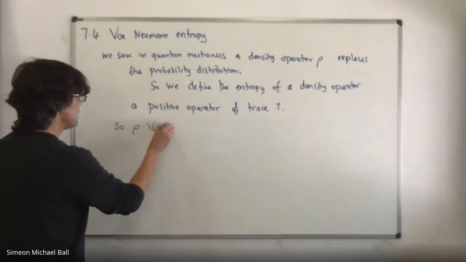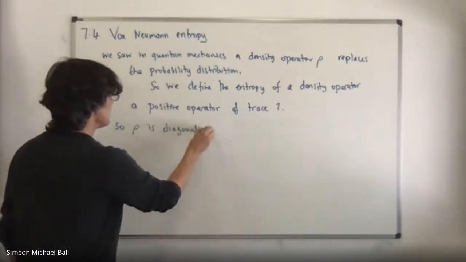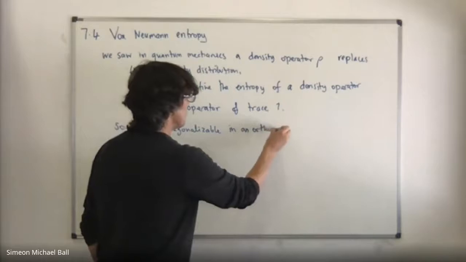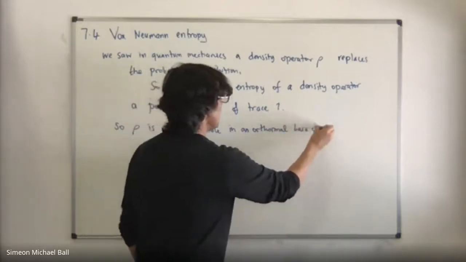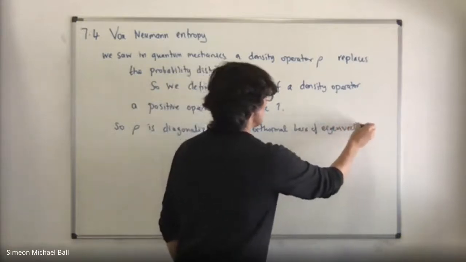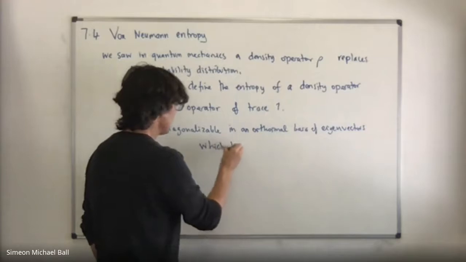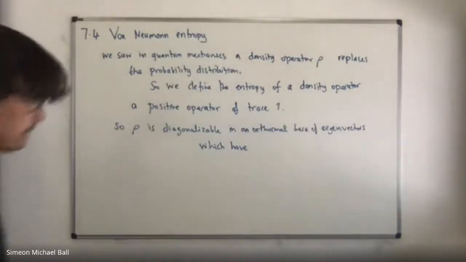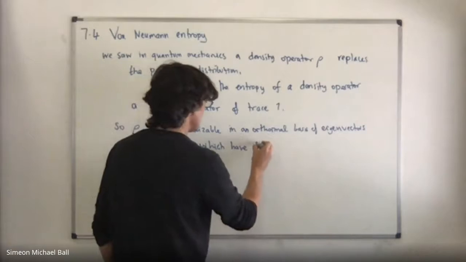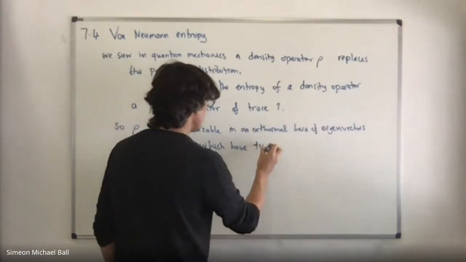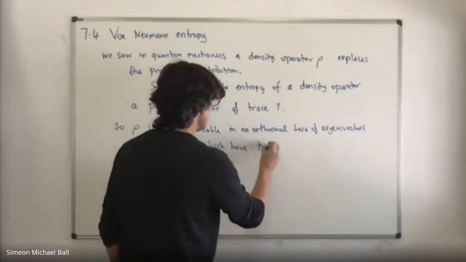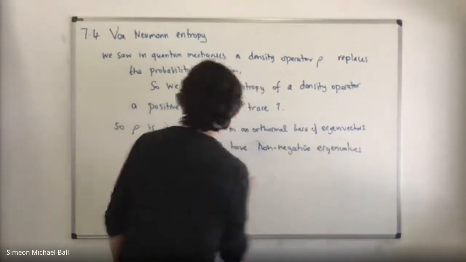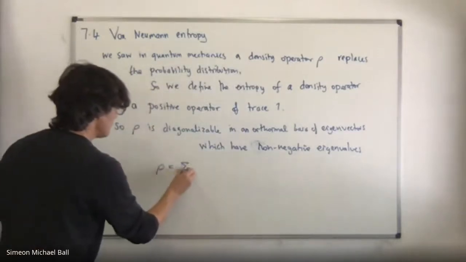So rho is diagonalizable in an orthonormal basis of eigenvectors, which have positive, well, let's say non-negative eigenvalues. So this rho has this decomposition.